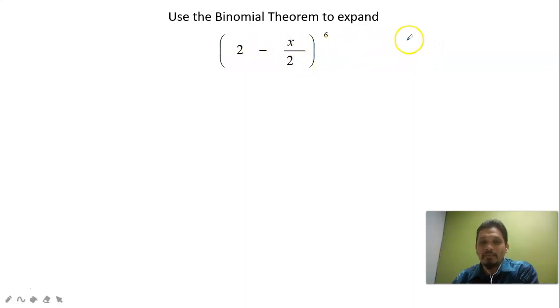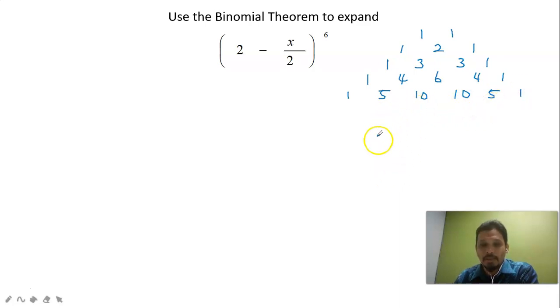For example, we have 1; 1, 1; 1, 2, 1; 1, 3, 3, 1; 1, 4, 6, 4, 1; 1, 5, 10, 10, 5, 1. And we may continue. So what is this all about?